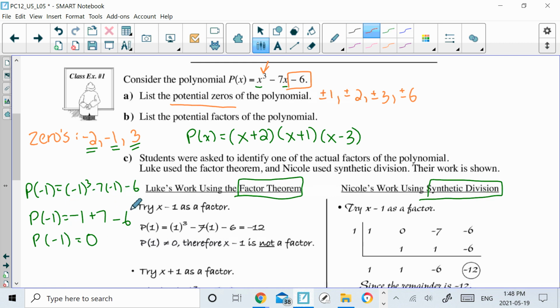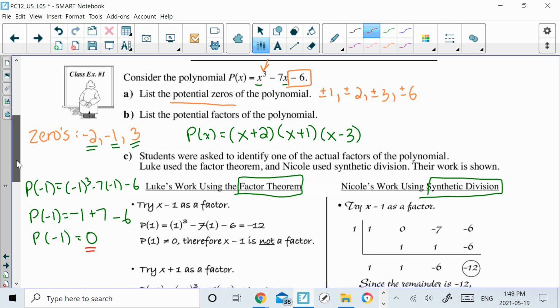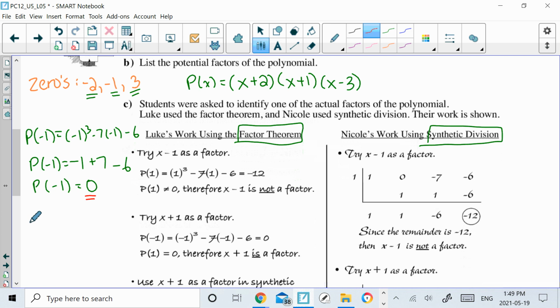Because according to the factor theorem, remember, as soon as you get a remainder of 0, x plus 1 is a factor. So you'd say since P of -1 is equal to 0, whenever we get a remainder of 0, x plus 1 is a factor. So this is how I would show the work to get that factor, okay?